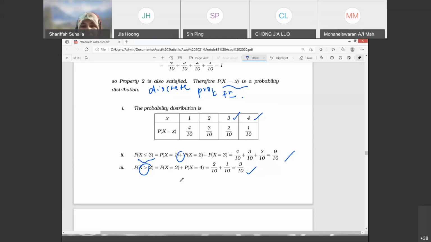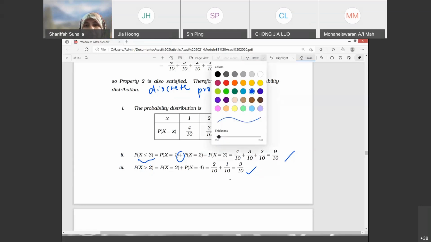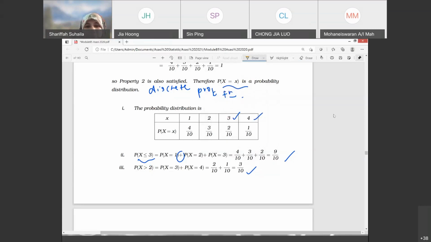Okay. Actually it's the same thing if we have probability x greater than 2. You also can have 1 minus probability x less than or equal to 2.